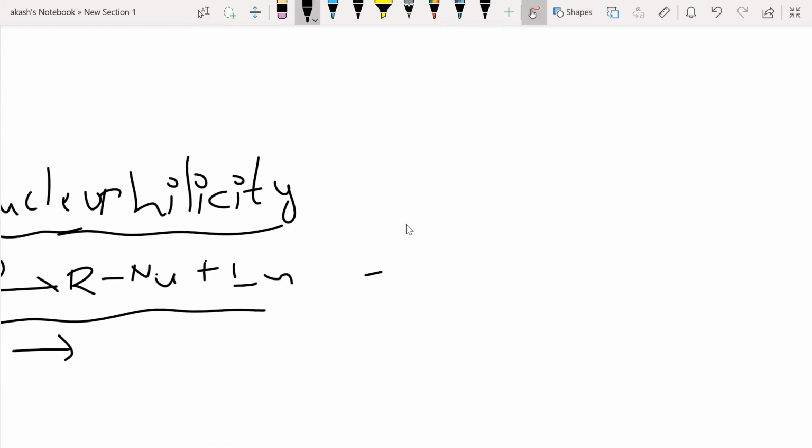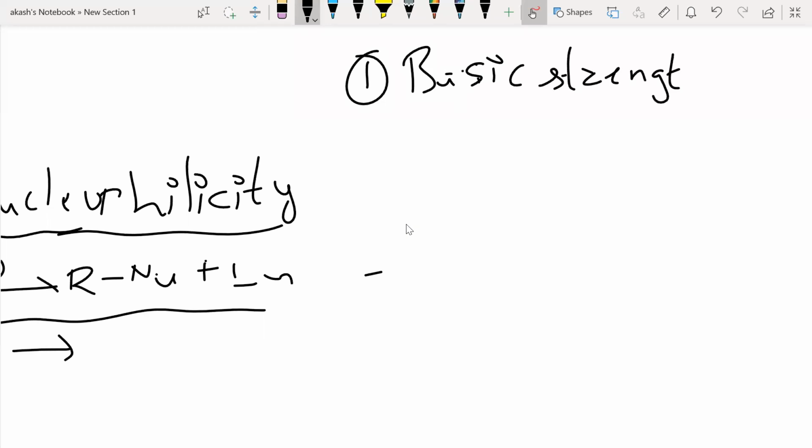So the first point on which the nucleophilicity is going to depend is the basic strength of the nucleophile. Now, we know what Lewis bases are. Tell me, what do you mean by Lewis bases?